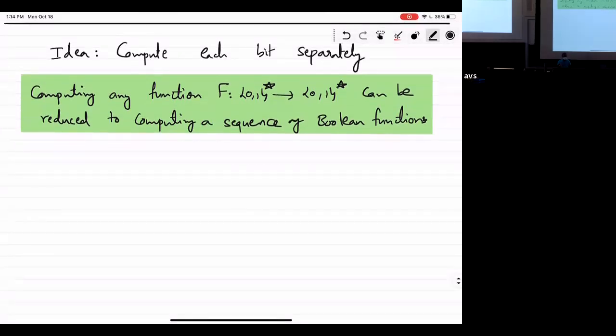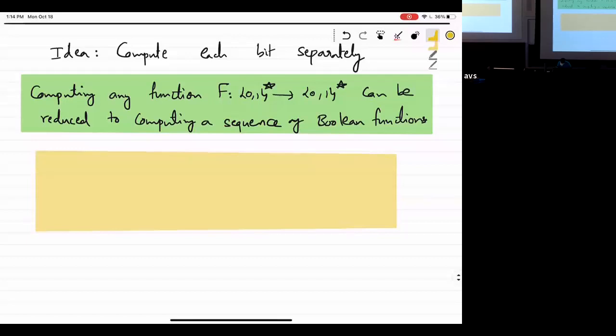Well, as suggested, I can try and compute each bit separately. So let me define bool f.